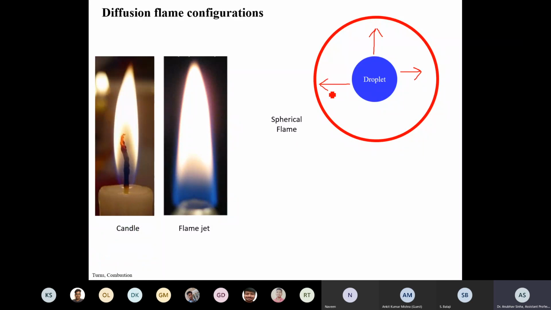Now this vapor will burn and form this flame. This is a spherical flame, and the difference is that it will go inwards. It will not go out. As the droplet decreases in diameter, the flame will go inside. The flame radius will decrease. That is called droplet combustion.